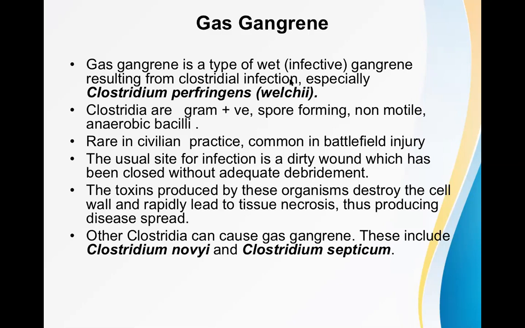So gas gangrene is a type of wet gangrene. There's no doubt about it because it is caused by infection. So it is a wet type of gangrene resulting from Clostridium perfringens infection. Now, just like Clostridium tetani, Clostridium perfringens are also gram-positive bacilli, which are spore-forming, and these are anaerobes.